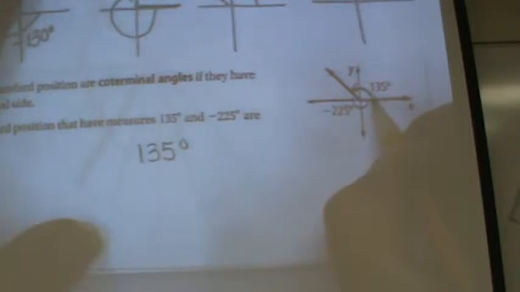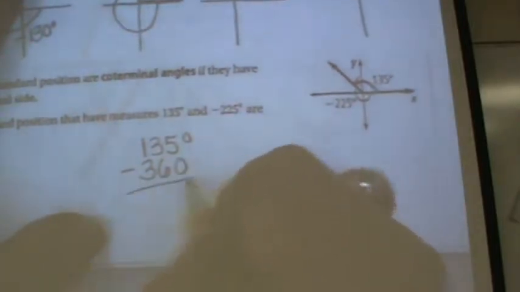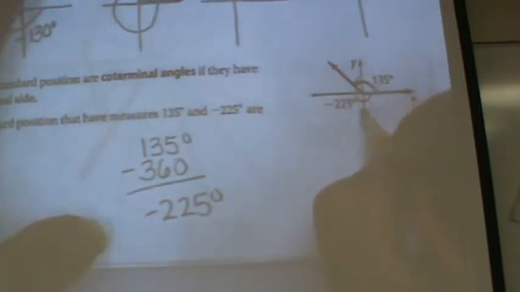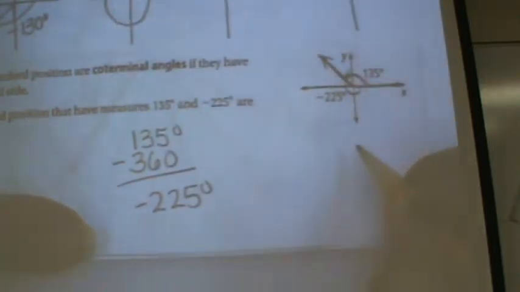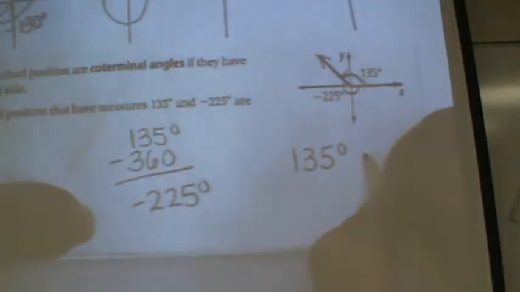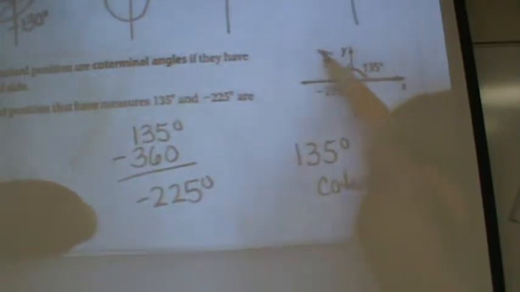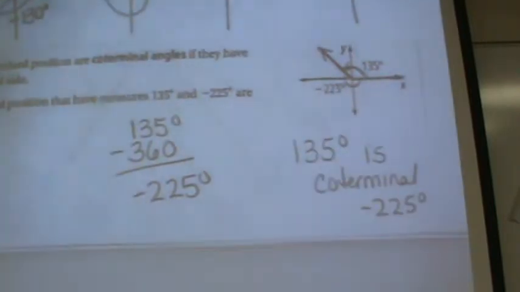Well, if I were to go backwards, in other words, subtract 360, I get negative 225 degrees. So if I go the other way, this angle becomes negative 225. So what we can say is 135 degrees is coterminal to negative 225. What that means is their terminal sides will land right on top of each other. It's just that their direction might be off.